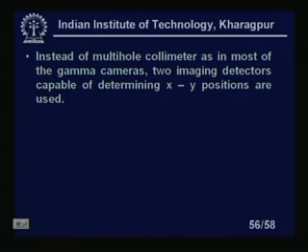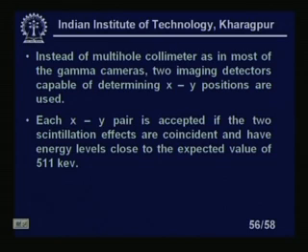Instead of a multi-hole collimator as in most gamma cameras, two imaging detectors capable of determining XY positions are used, right. Each XY pair is accepted if the two scintillation events are coincident and have energy levels close to the expected value of 511 kilo electron volts.